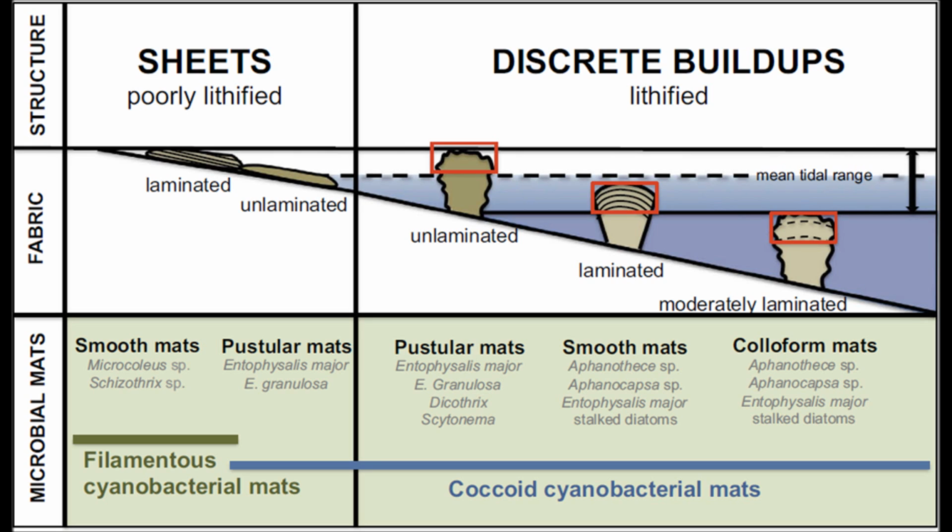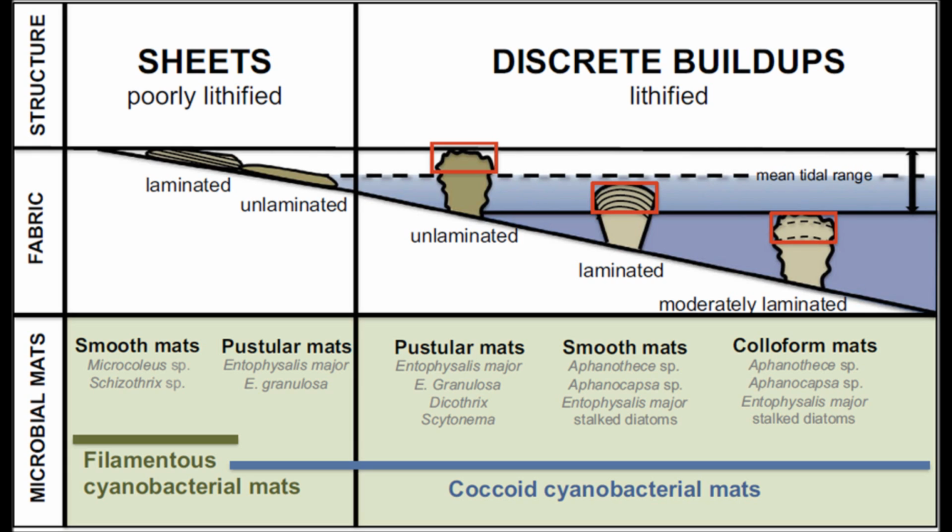They can be laminated or unlaminated, but they're unlithified to weakly lithified, and they're not accreting upwards. These sheets are not building structures. Then, as you move into the intertidal and down into the subtidal, the microbial communities are actually building discrete buildups. They're accreting and building up and making the shapes that we know as stromatolites.